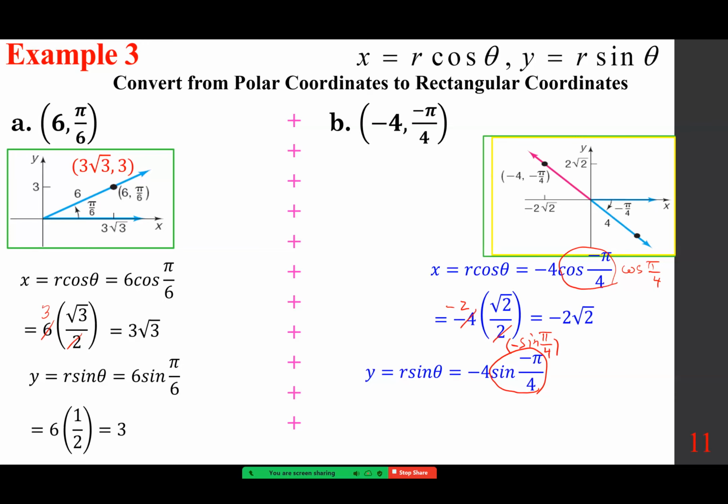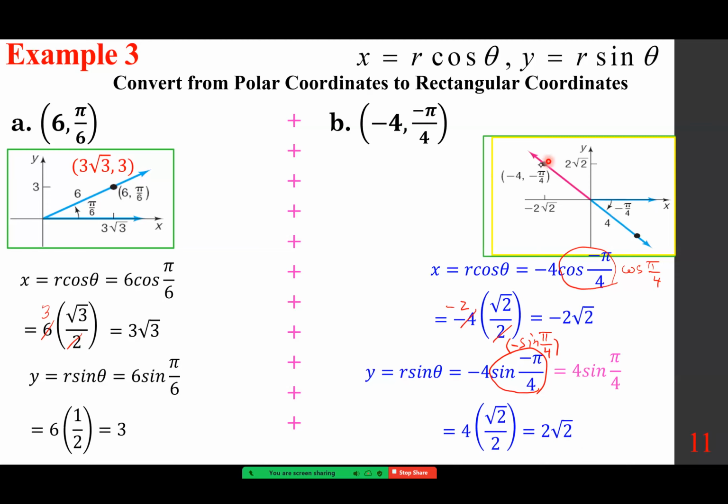Remember, all trigonometric functions are odd functions, except cosine, which is even, and therefore so is secant. Now, negative times negative, everybody. Negative times negative makes it positive. So positive 4 sine pi over 4. Sine of pi over 4 is the same as cosine of pi over 4, square root of 2 over 2. This 2 cancels out 2, and it becomes 2 square root of 2.